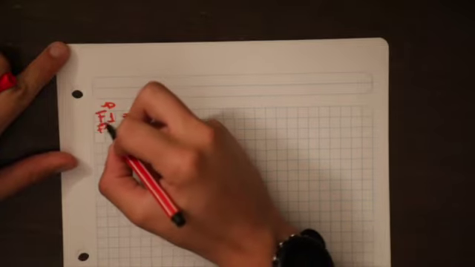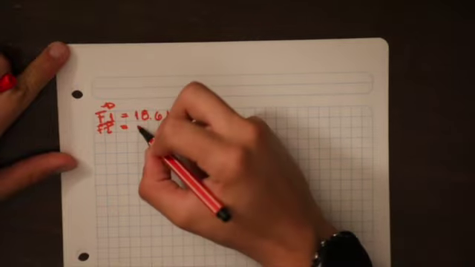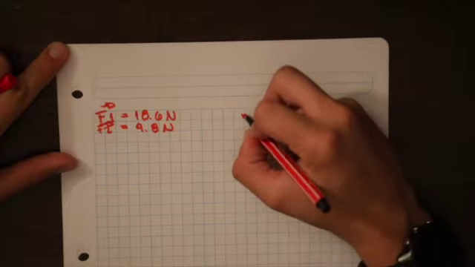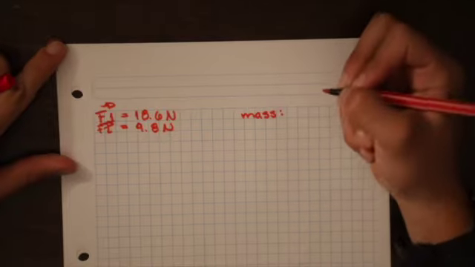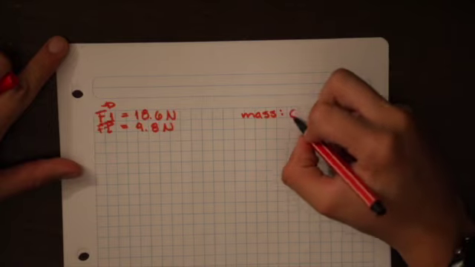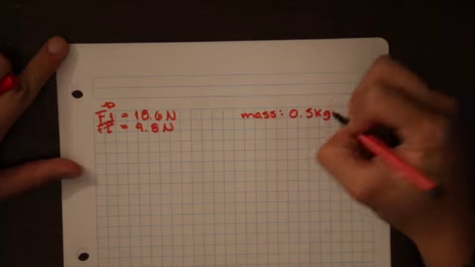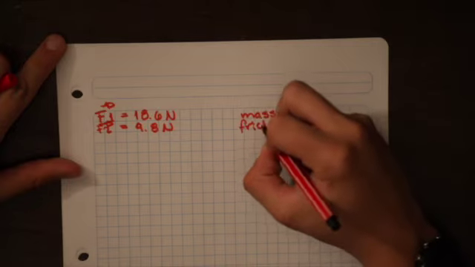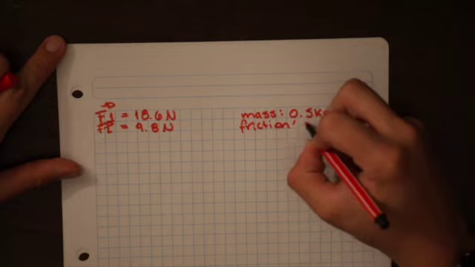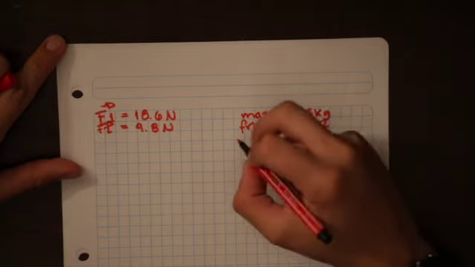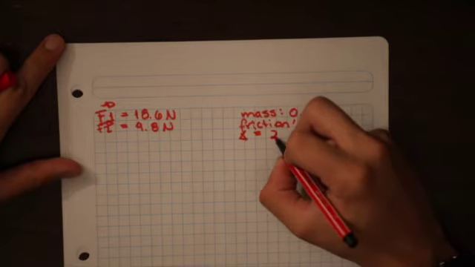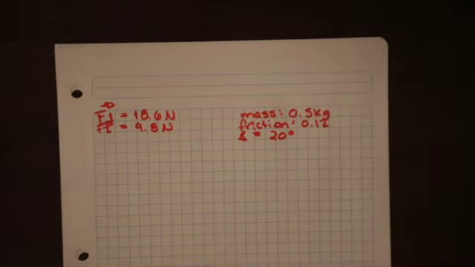As force number 2, we have one of 1 kilo, so it is 9.8 newtons. We know the mass, as I already said, is an object of half a kilo. We are going to have a friction of 0.12, and finally the angle is going to be 20 degrees, as we already did in our exercise.